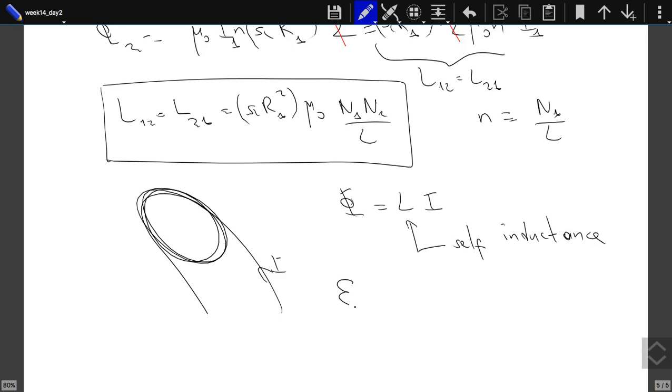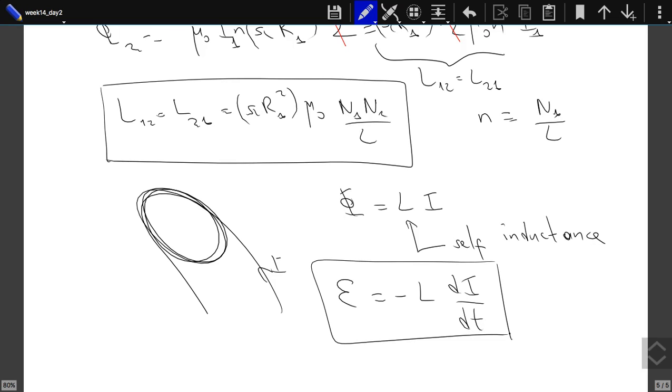And the EMF will be minus L dI/dt. So this loop over here, which is also called an inductor, will also create an EMF in addition to the EMF that your battery or your source is creating.